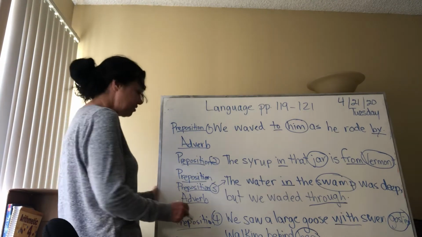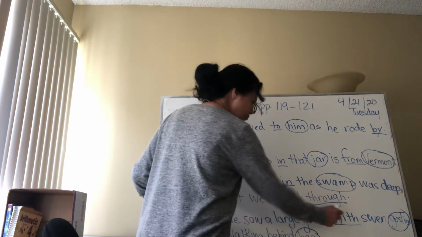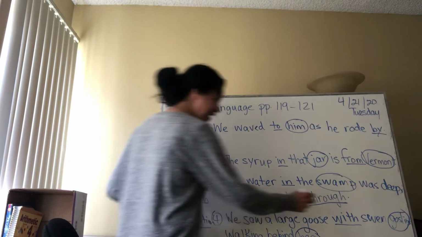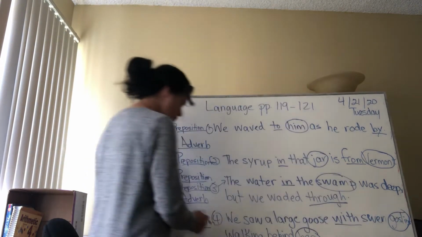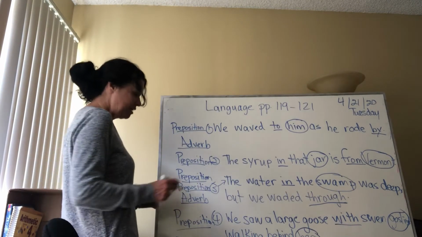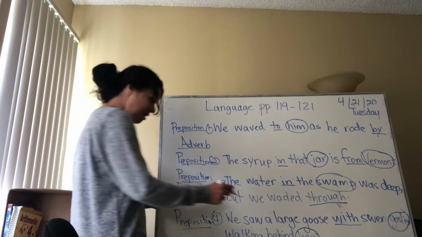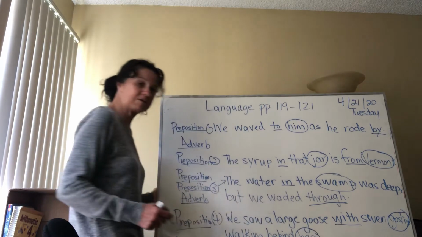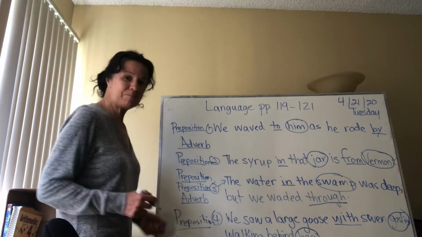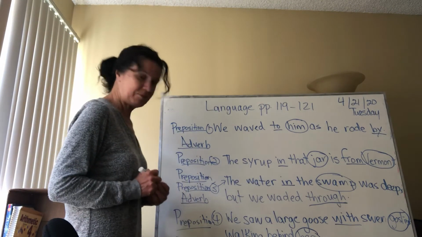Let's look at that one more time. We see the first preposition is with. It has an object, goslings, so we write preposition in the blank. The next underlined word is behind, and behind does indeed also have an object, behind her, so we write preposition in the blank. All right?